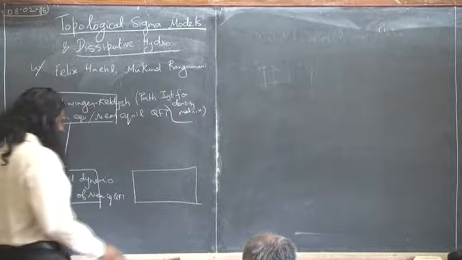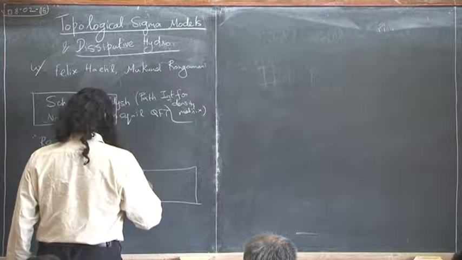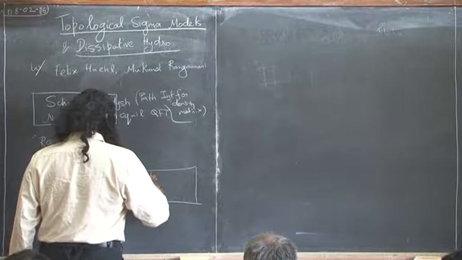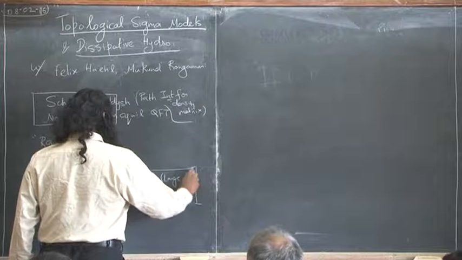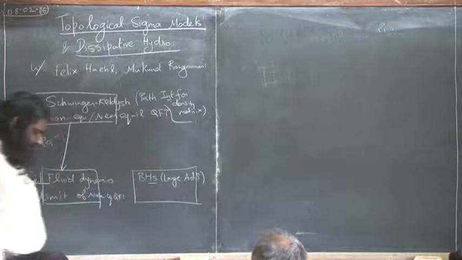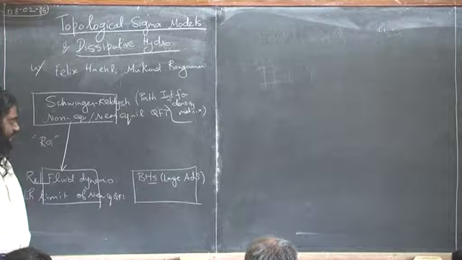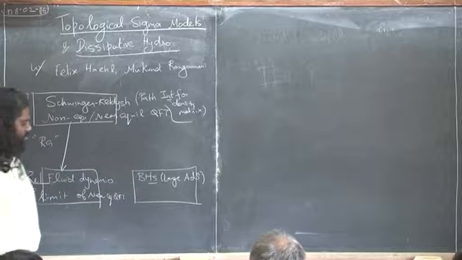Okay. So the third has to do with black holes. I will be restricting myself to large AdS black holes, though what I will say probably also applies to many other black holes and anything with horizons like this.